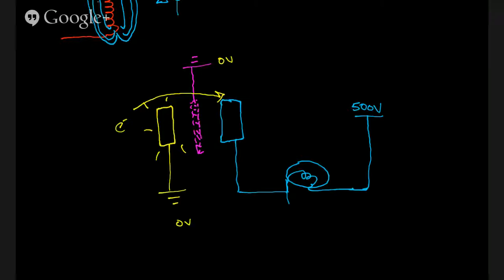But if we give our control grid a place for electrons to go, as opposed to the cathode, we can redirect our electrons. We'll give it 50 volts. It doesn't have to be quite as much.